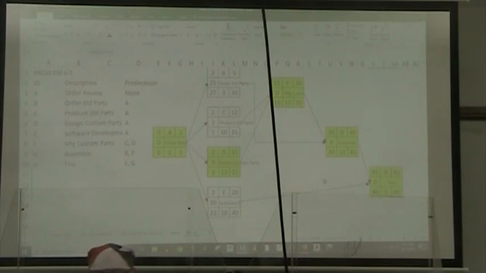Okay, and remember that it could be that you have multiple parallel paths that have zero slack. For example, if C here were 13, it would suddenly have zero slack, right? But we know that it's 10, so we'll leave it as it is.